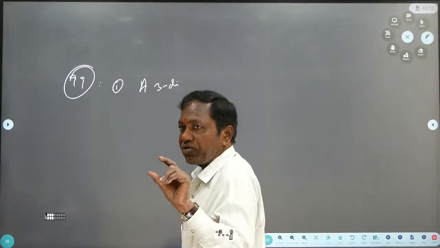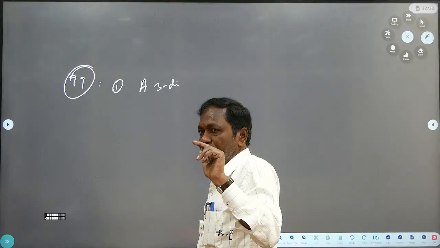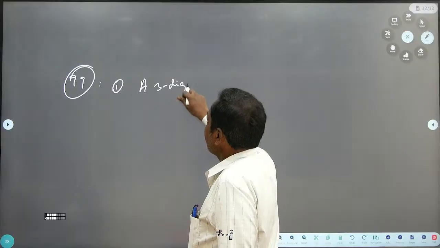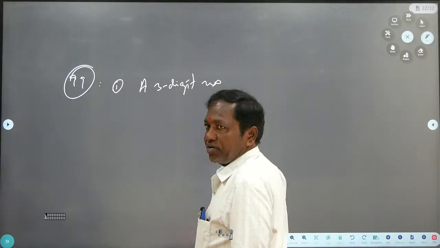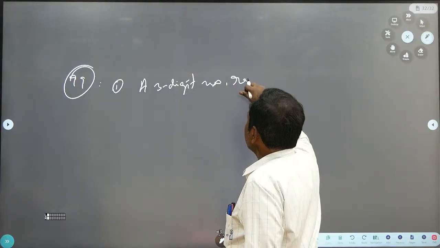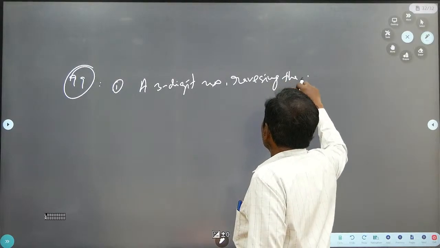And for 9 we spoke about 2-digit number. And here we talk about 3-digit number. Reversing the digits.